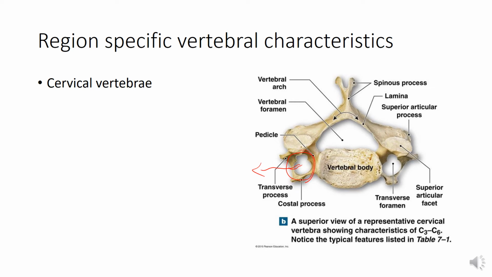I will show you in the next slide. The characteristic feature of the cervical vertebrae is the presence of foramen transversarium and bifid spinous process. They are smaller in size and their bodies are also small.